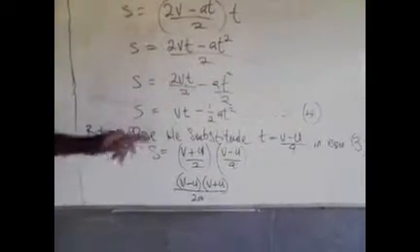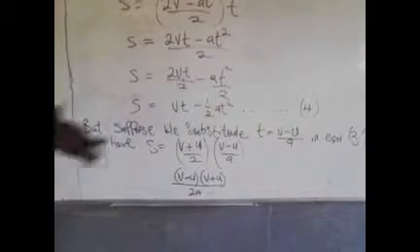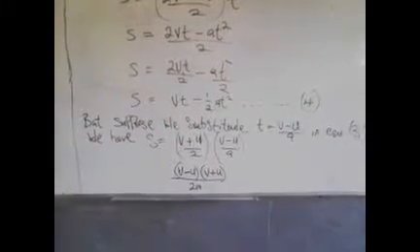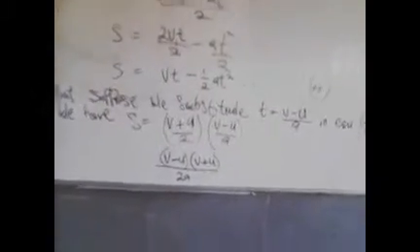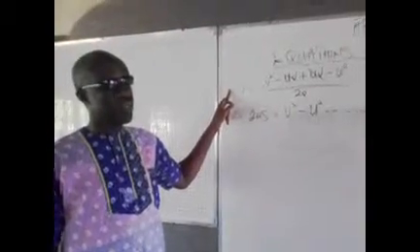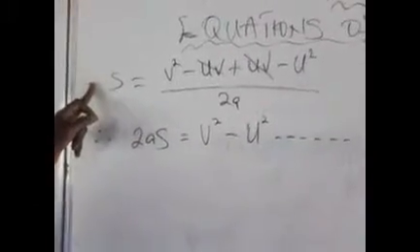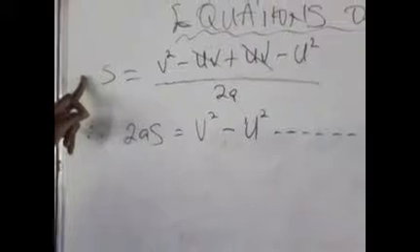The product of V plus U and V minus U simply means we expand the numerator. So that is S equal to the product of V plus U and V minus U all over 2A.